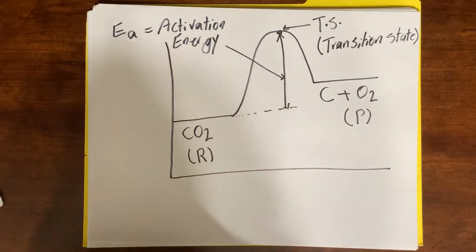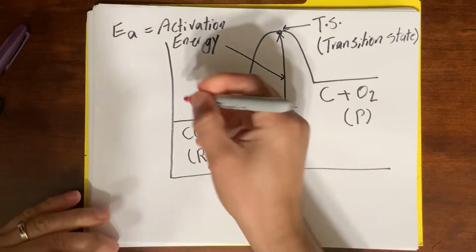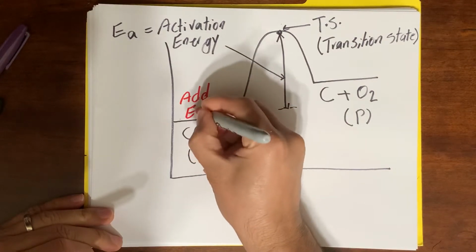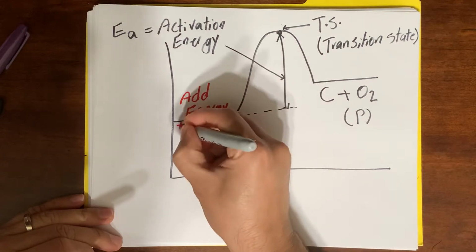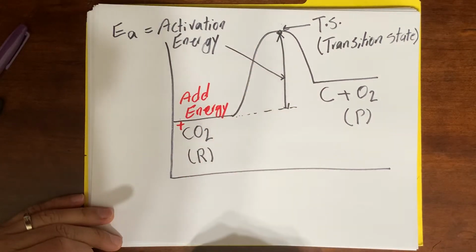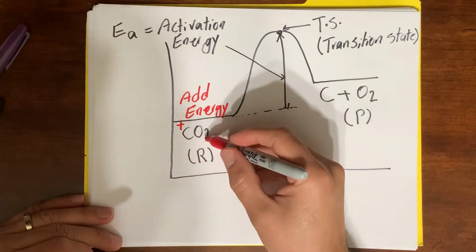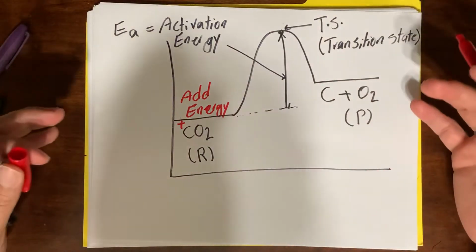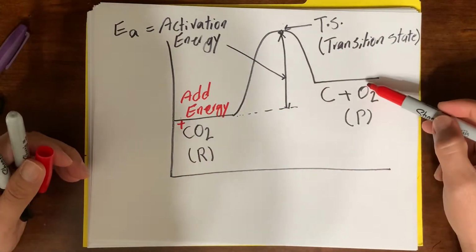So what we do in reality, we add energy to the reactant, and this energy is equal to the activation energy. I'm going to try to lose some bonds or rearrange some bond angles in a way that I can move to the product.